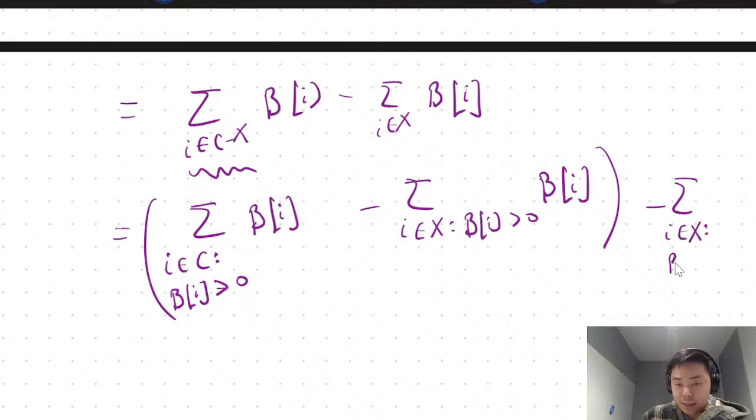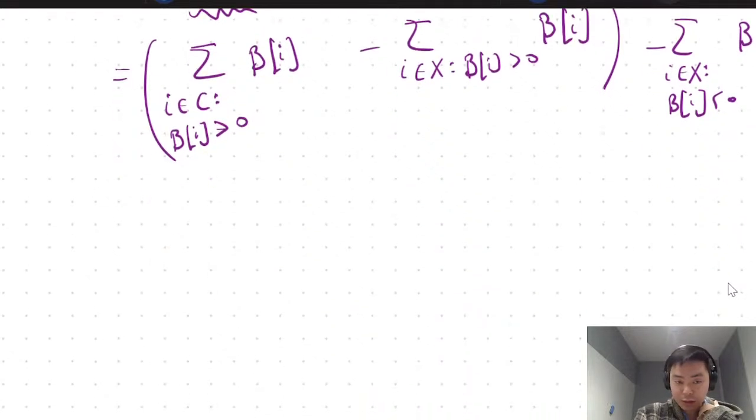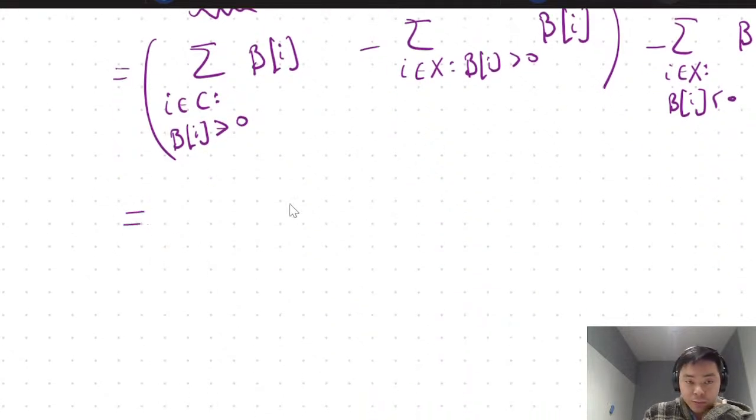Here, remember that the set of courses are all negative. So I'm going to distribute out the minus.